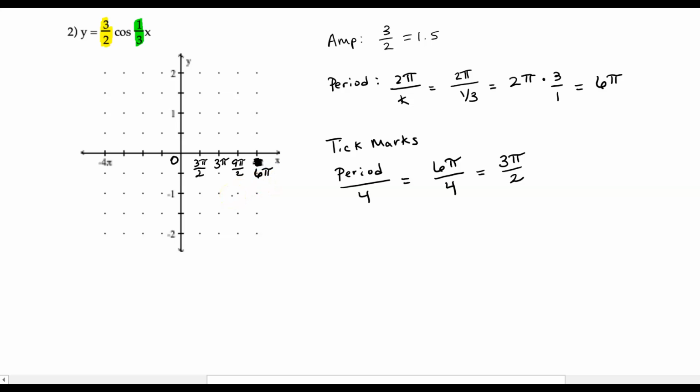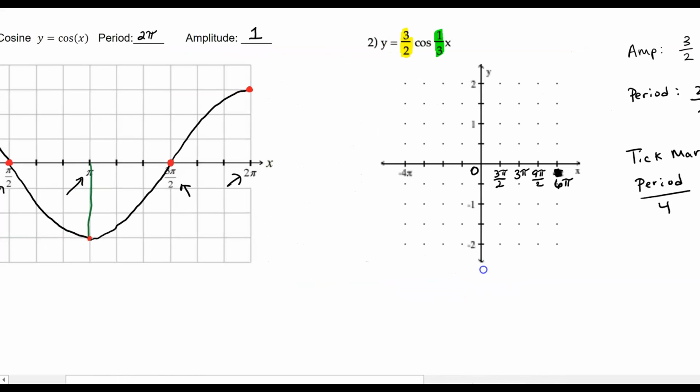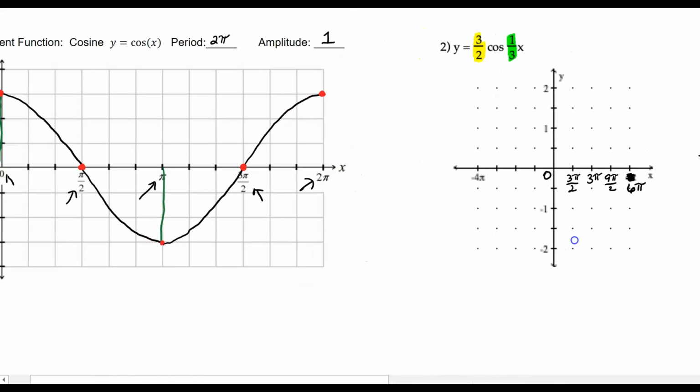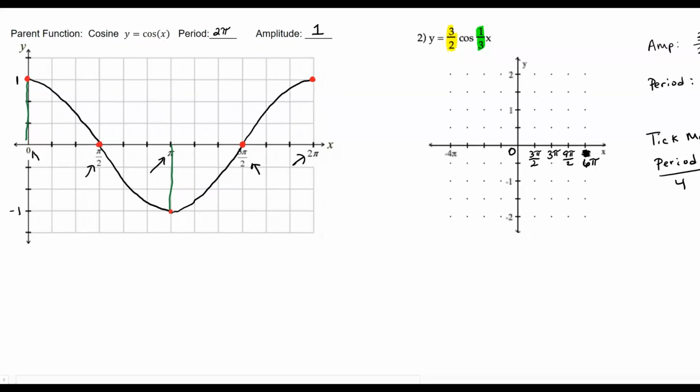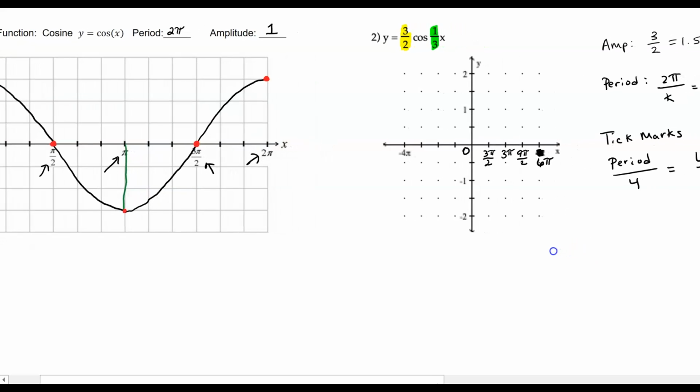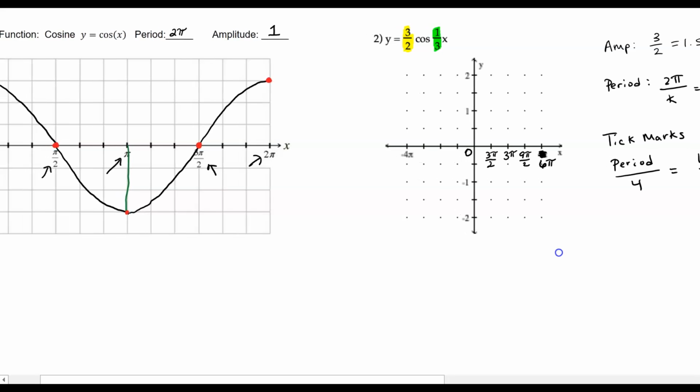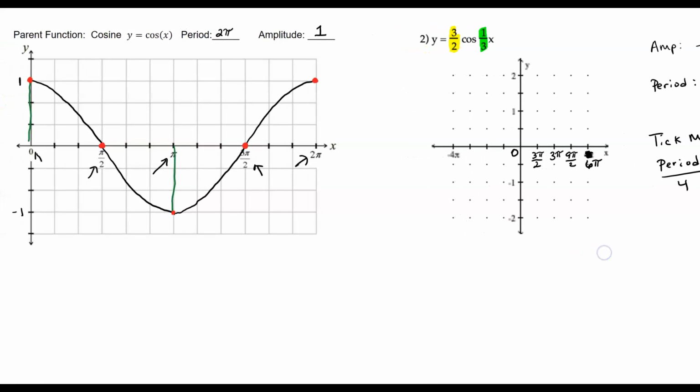Okay, so now that we've got those out of the way, we're going to take a look at the corresponding values here for the cosine graph that we looked at. And that's going to be our guide for graphing this function. Okay, so remember that we start at the amplitude, and the amplitude that we saw here was 1.5 units. So we're going to start at the amplitude of 1.5, which is right up here in between 1 and 2.